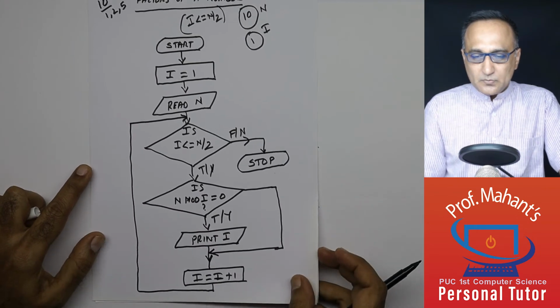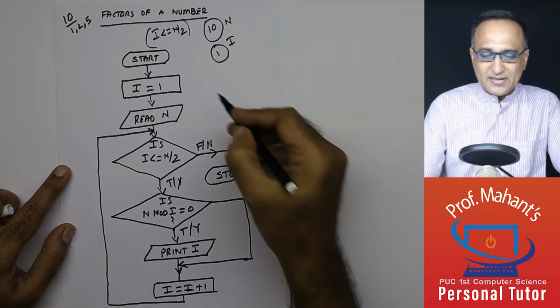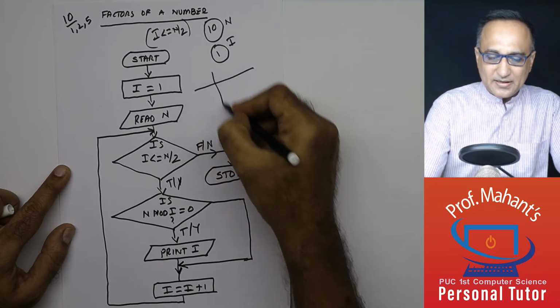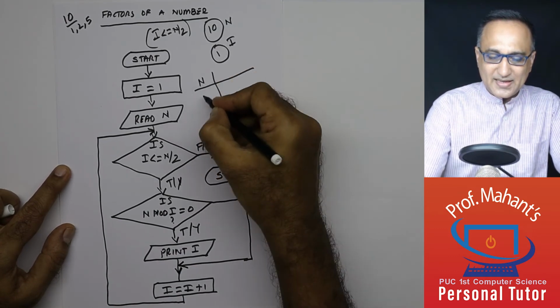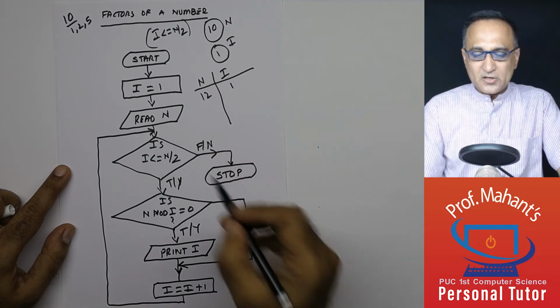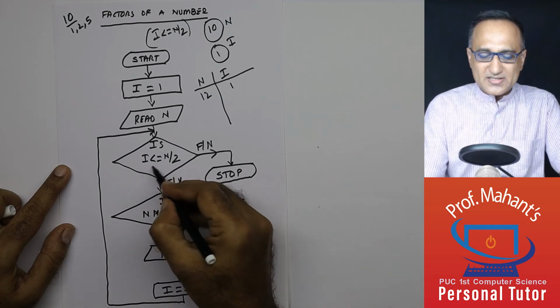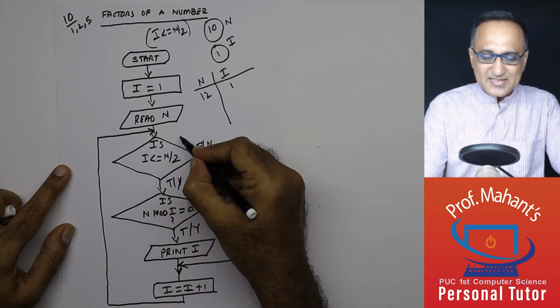Okay, so let's say this is your logic. Let's take a number and go about it. Let's take n as 12 and i as 1. So once I read in n, I am reading n as 12. What is this condition? As long as i is less than or equal to n by 2.